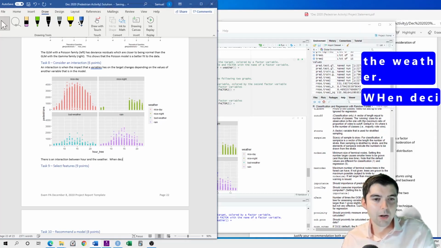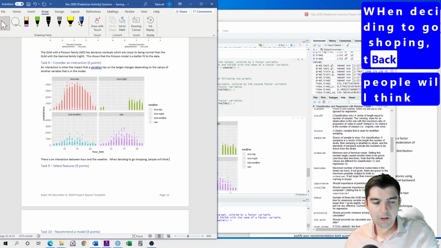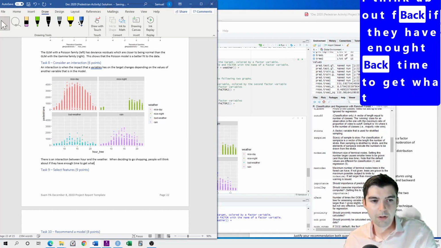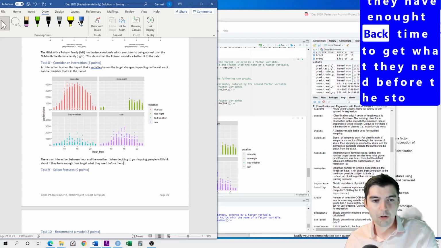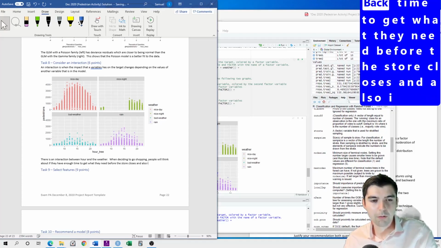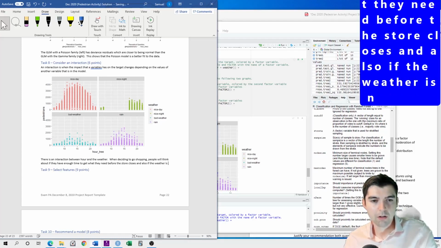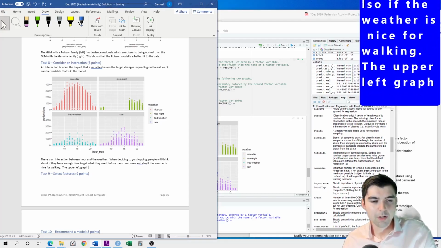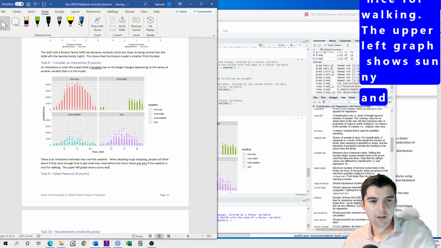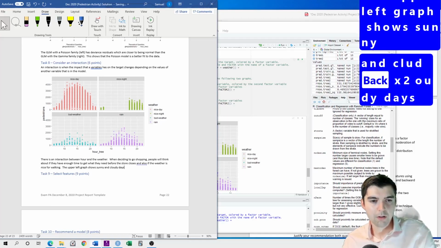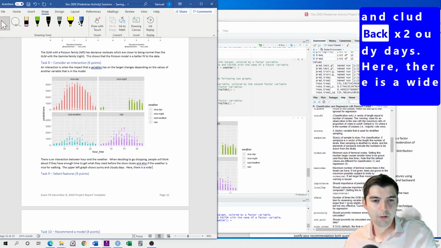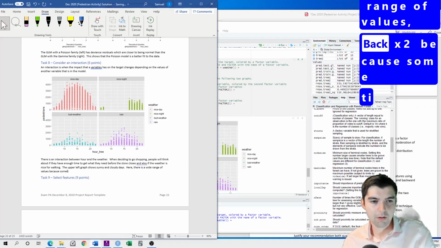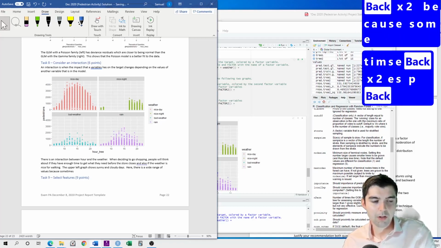When deciding to go shopping, people will think about if they have enough time to get what they need before the store closes, and also if the weather is nice. The upper left graph shows sunny days and cloudy days. Here there is a wide range of values, because sometimes there is a lot of traffic.